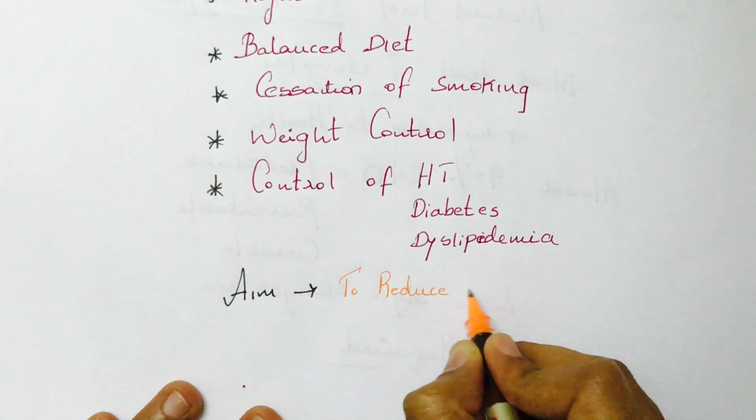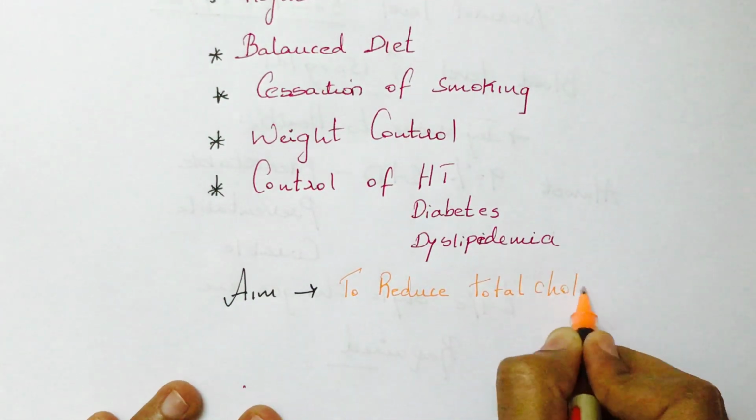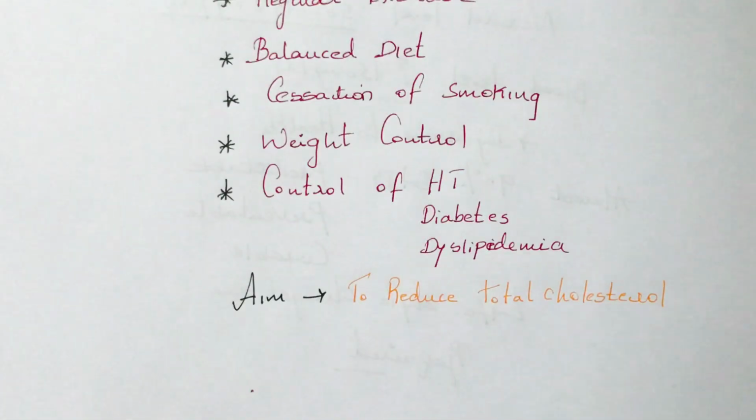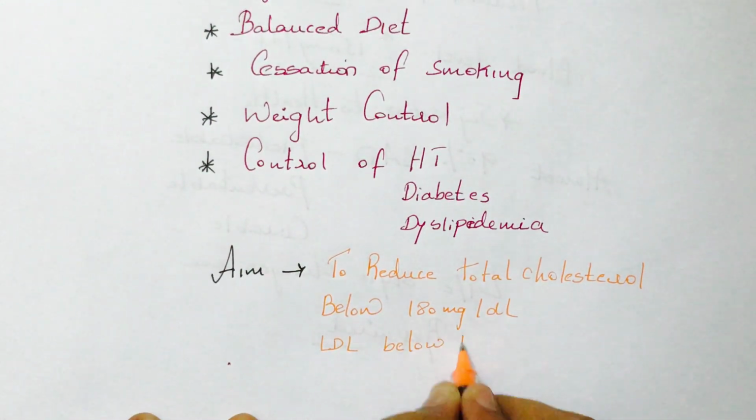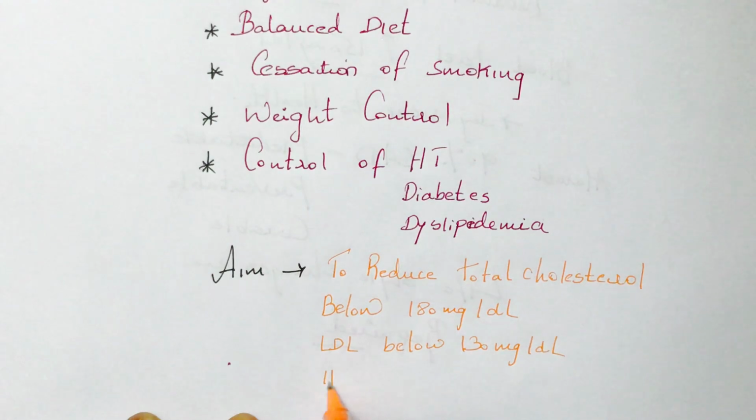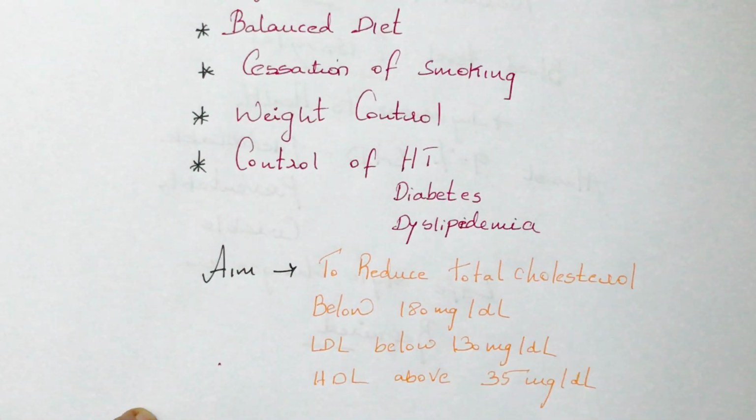And now the aim is to reduce total cholesterol level below 180 mg per dl, LDL level below 130 mg per dl, whereas HDL should be maintained above 35 mg per dl.